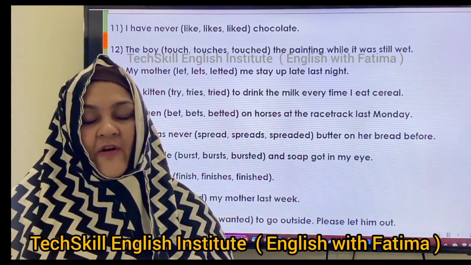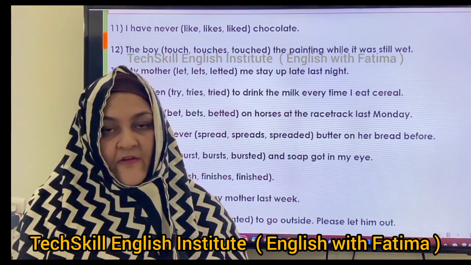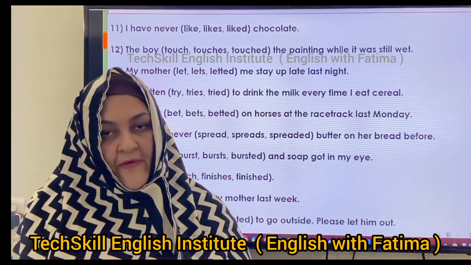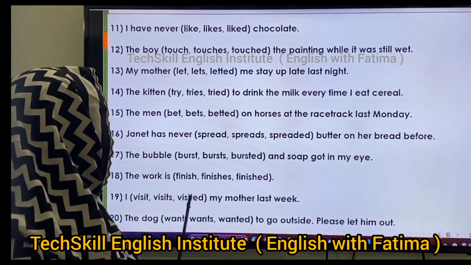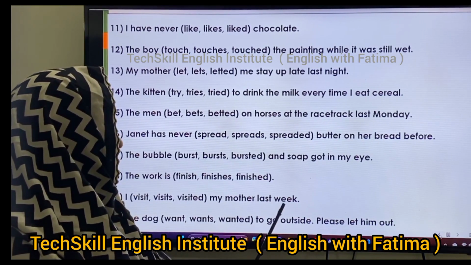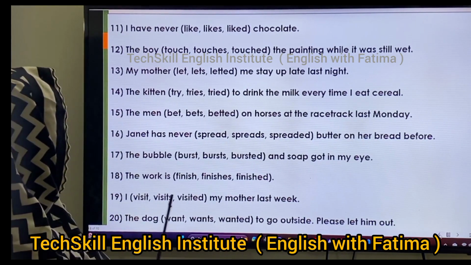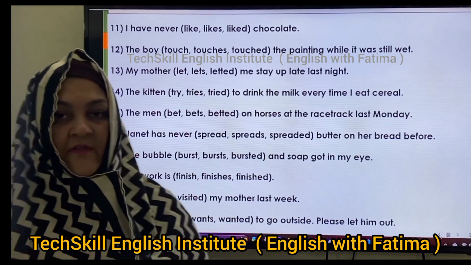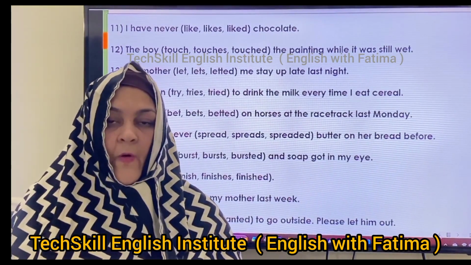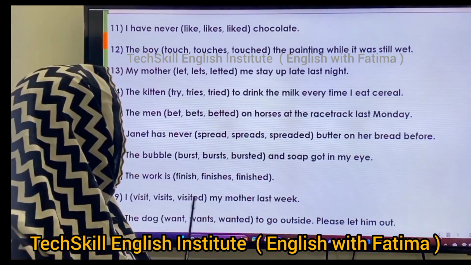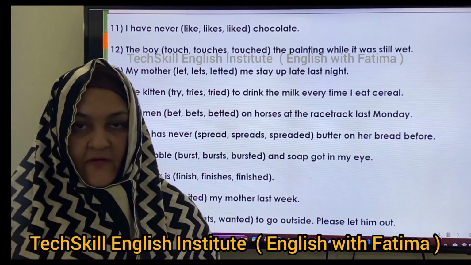Okay, so the work is an action which is carried out by somebody, some people. Okay, I visited my mother last week. The correct choice is visited, because this is again the regular form of the verb. I visited my mother last week.